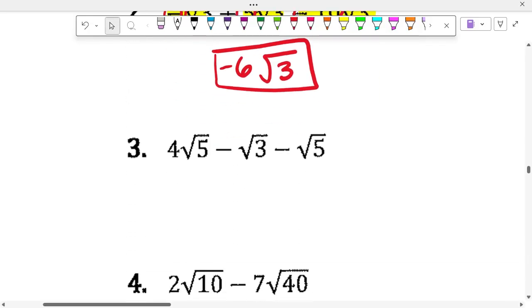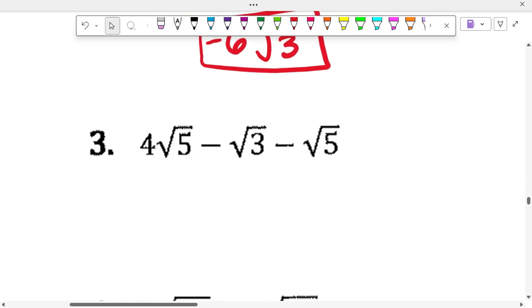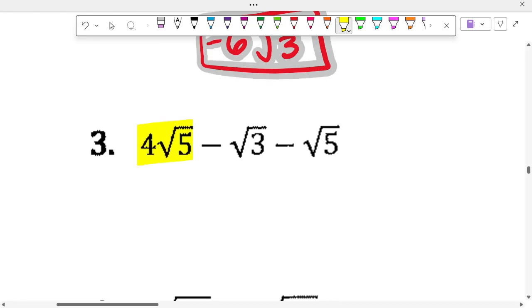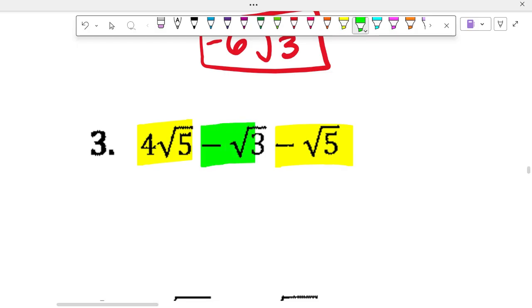Now, look what happens when we look at number 3. So, we have one that does not have the same radicand, but that's okay because we only need to combine the ones that do. All right, so just like if we did x squared plus 2x plus x, we would just combine the x's and then we bring down whatever's left over.